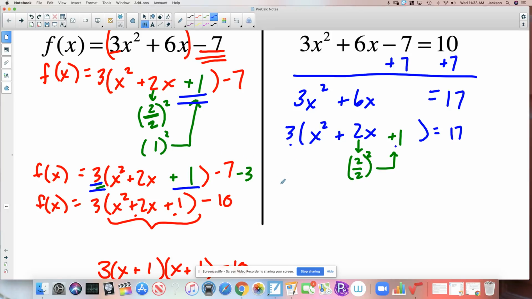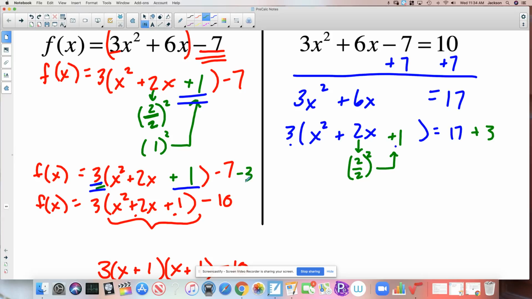Now, when it comes to solving an equation, the difference is we can maintain the balance of this equation by doing the exact same thing on both sides of the equation. I added a 1 here, which is really being multiplied by 3, so I'm still adding 3 on this side of the equation. To balance that, I can add 3 on this side of the equation.